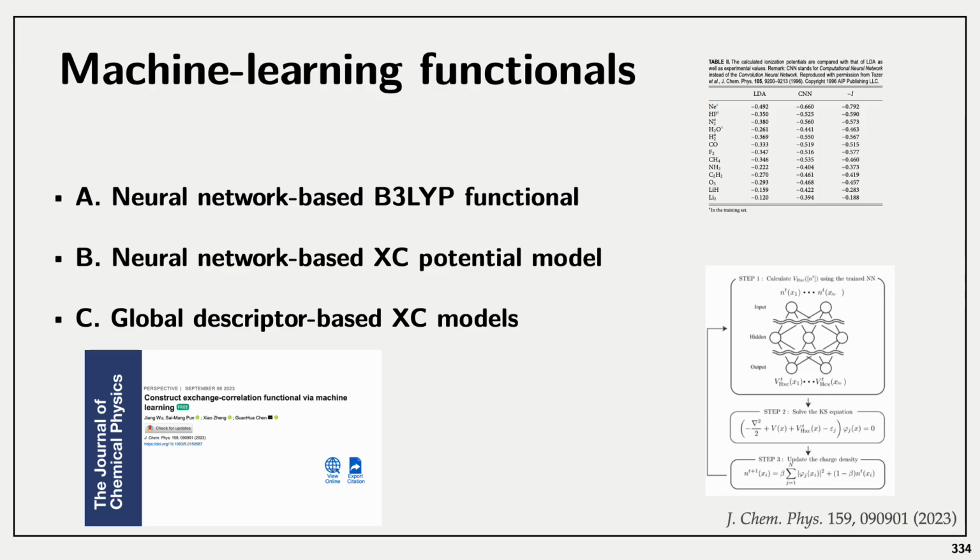Of course, the machine learning issue is always the same, right? You can get very good results for systems and structures that are within the realm of the training set. So you do not want to end up in a situation where you develop an exchange correlation functional which is very accurate for a class of systems. Remember, the key ingredient we want for an exchange correlation functional is to be universal.